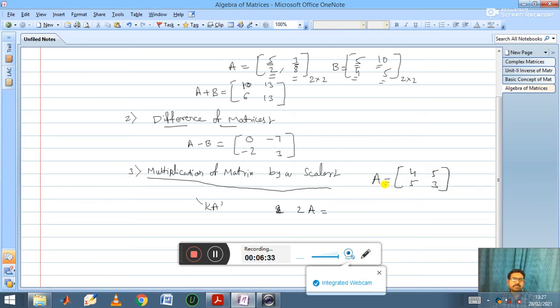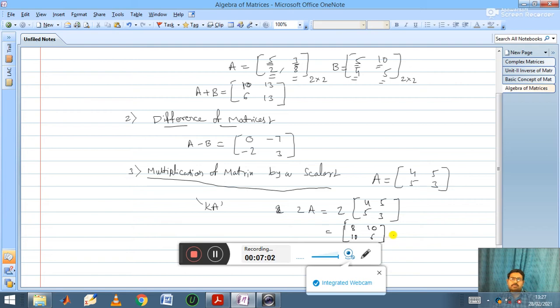Then we are multiplying this matrix by the scalar 2, so we can write 2 into A, where A is 4, 5, 5, 3. The entire matrix A you are multiplying with 2. Then it gives 2 4s are 8, 2 5s are 10, 2 5s are 10, 2 3s are 6.